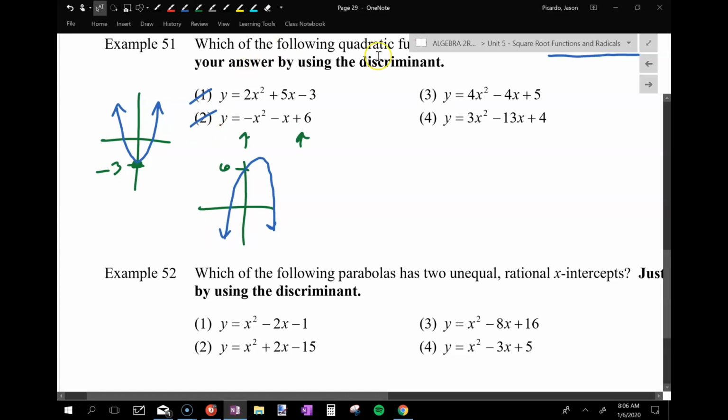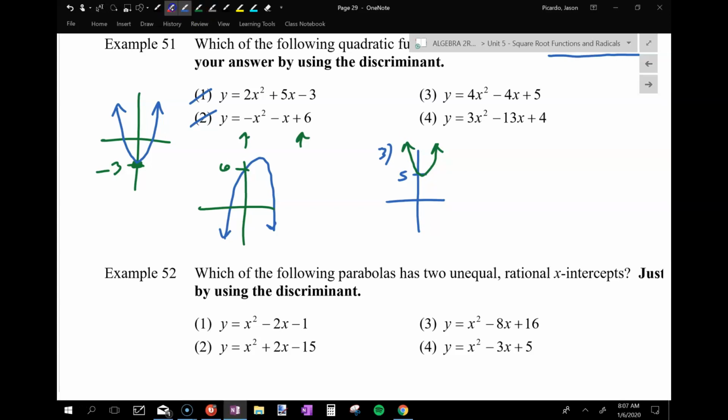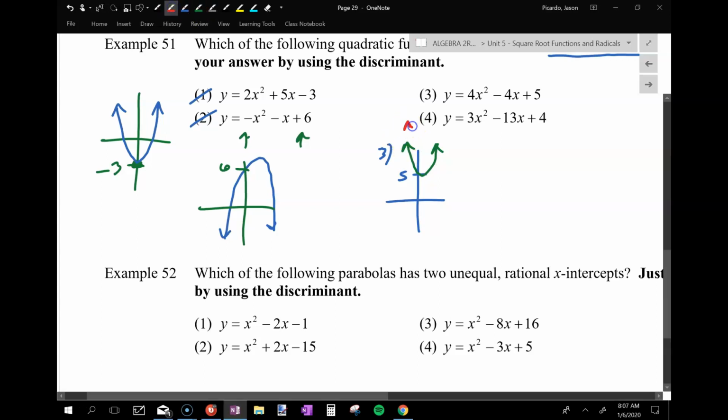All right, so now I have choice 3 and choice 4. Choice 3 has a y-intercept of 5 and is happy. Guys, what could happen? I could either do that. Does that cross the x-axis? No, but I could have also done this. So it could be either.